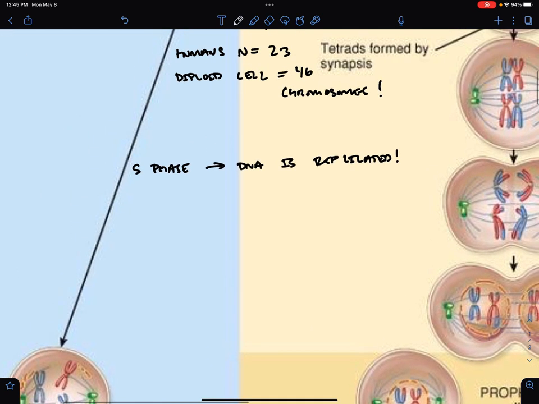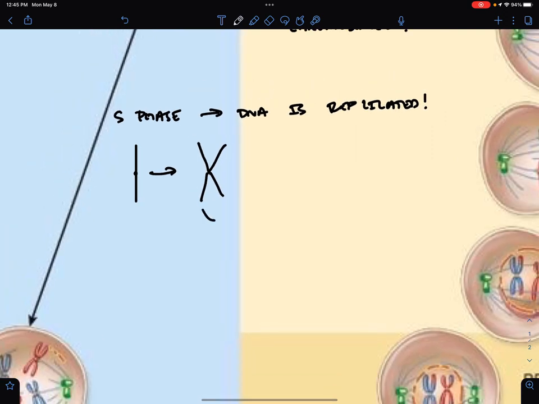So we go from a chromosome that looks like this, kind of with a center here, and then it undergoes DNA replication, and it starts to look like this. The relationship between this arm and this arm of the chromosome, we call these sister chromatids. So this would be during S phase, is this arrow here. It's a horrible arrow.